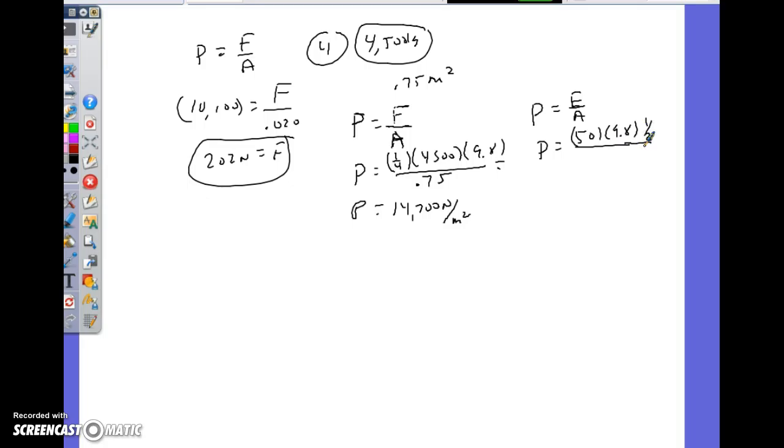And then the area would be, only using the very spike of the high heel shoe, about 0.0001 meters squared. Those of you who doubt that, feel free to go measure the bottom of a spiked heel. So 9.8 times 0.5 divided by 0.0001, and I get a much larger number than I anticipated getting.